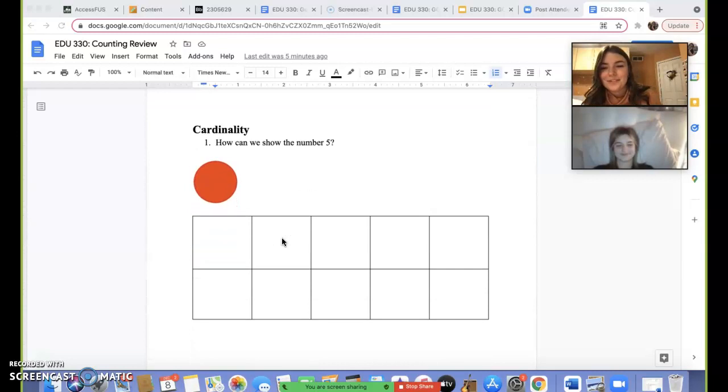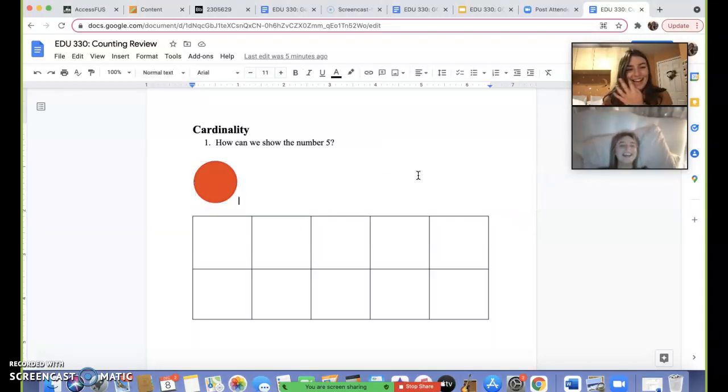All right, you ready for the next thing? Okay, so how can we show the number 5 using our counters and 10 frame? You could put the red dot in each square 5 times. Let's think about that again.